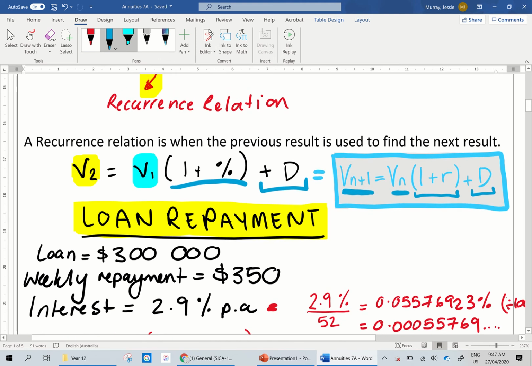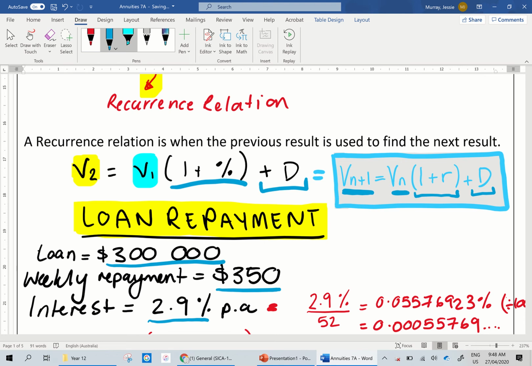So, I have a loan of $300,000 in my bank. And this is real life, I actually do. Now, I make weekly repayments of $350, and the bank is charging me 2.9% per annum in interest.